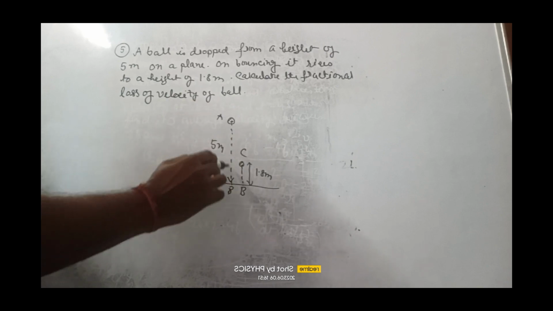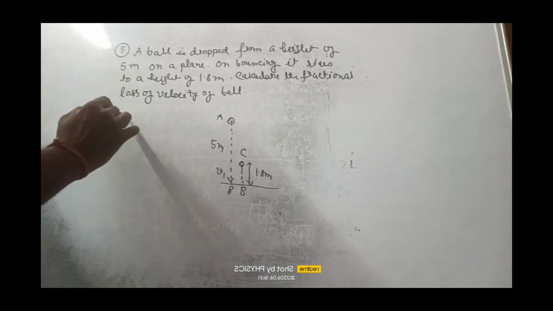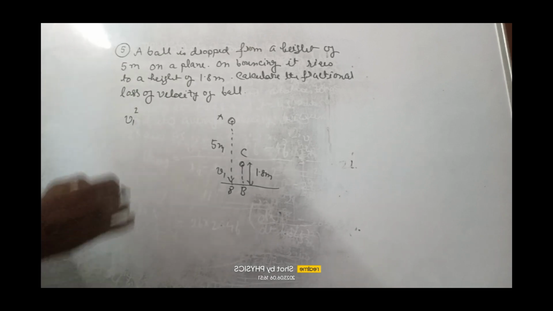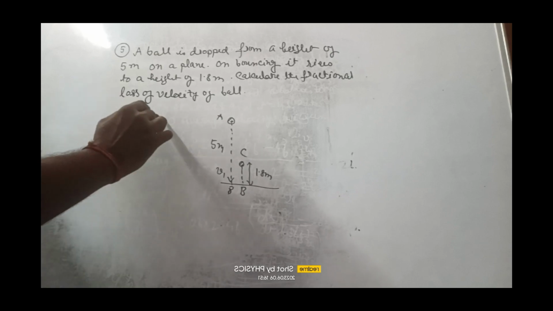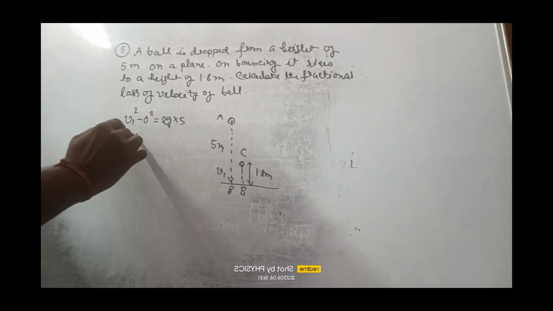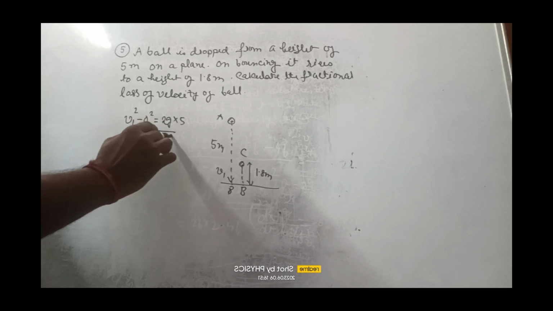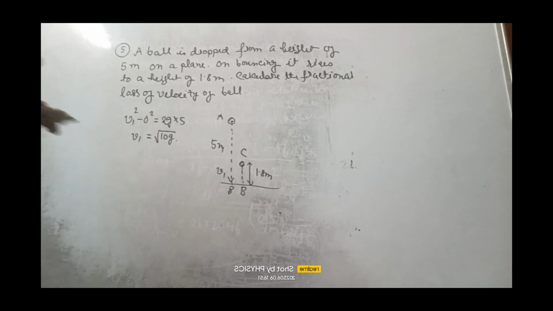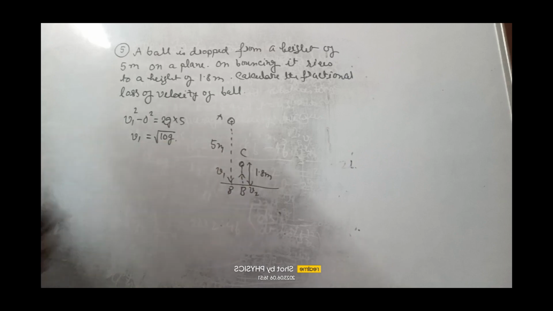Let us calculate the velocity before touching the ground. Let's take it v1. We get v1 square minus 0 square equals 2g into height, which is 5. So v1 is equal to root 10g. Now it rises, acquiring the velocity v2.